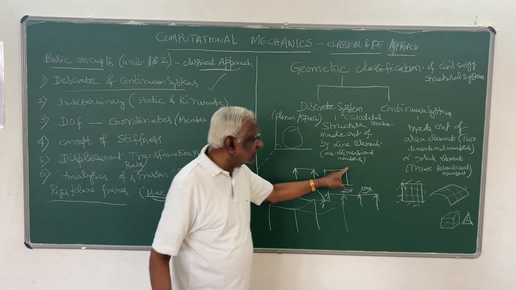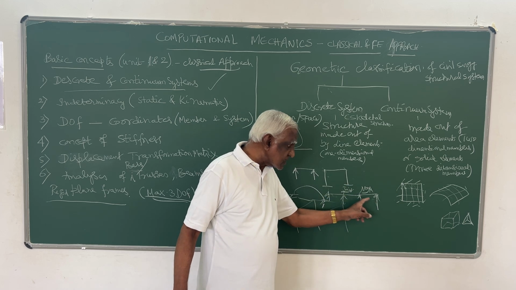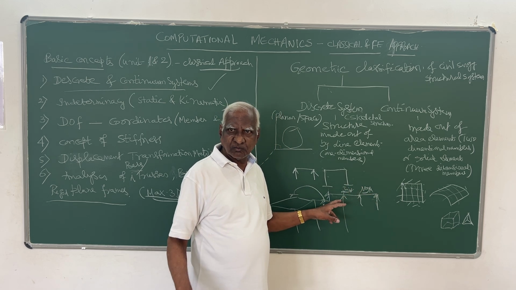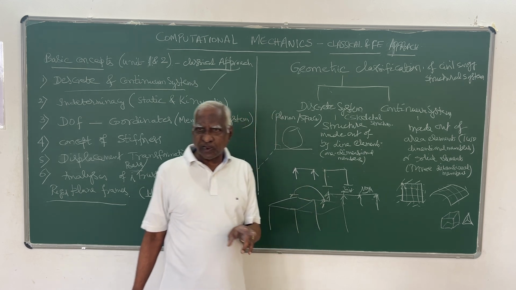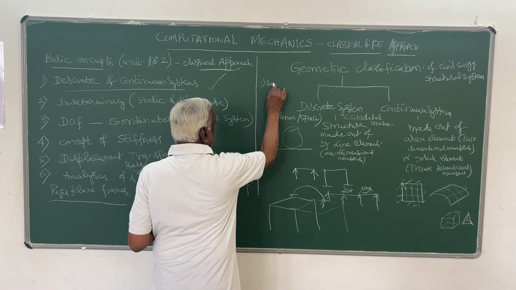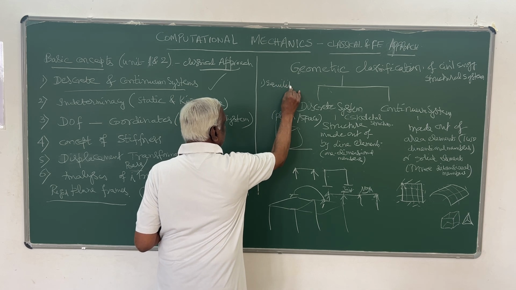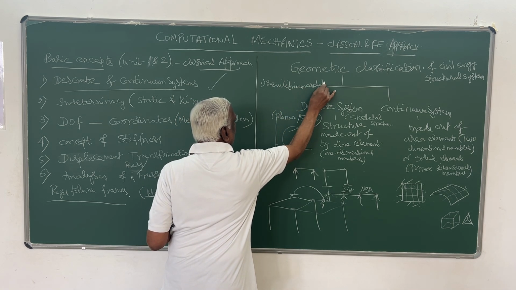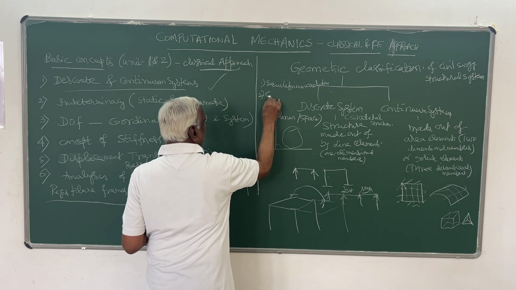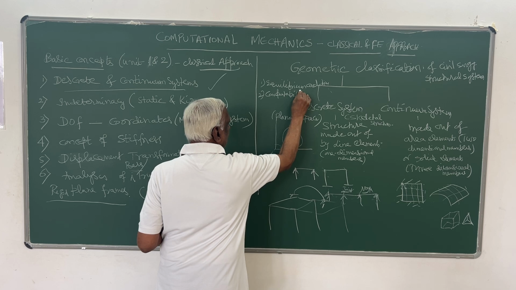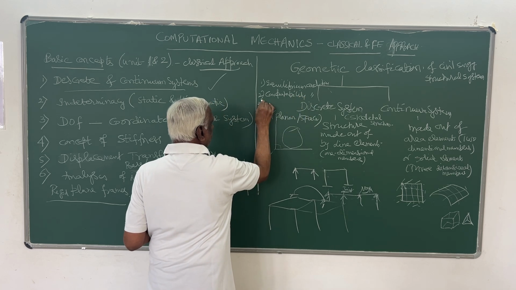So at each joint, the unknowns to be determined, that is displacements as well as forces, have to satisfy three conditions: the equilibrium condition, then the compatibility condition, and the boundary condition.